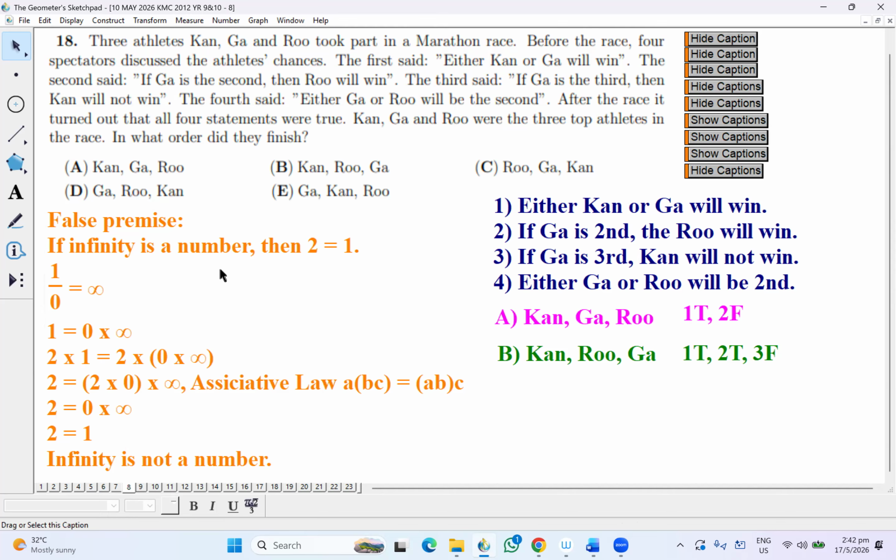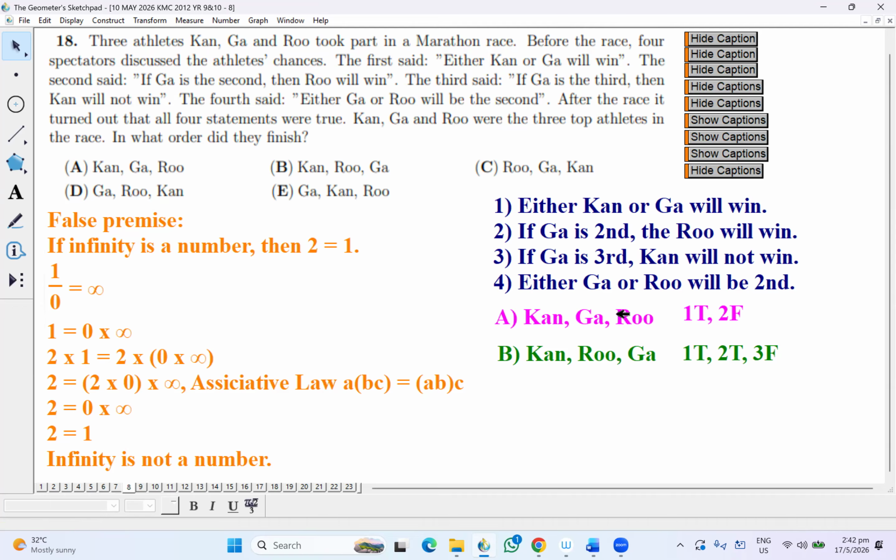Like infinity is a number, anything also true. So the second is true. If Ga is third, Kang will not win. But Ga is third, and Kang wins. So false. Ga is third, Kang will not win, false. Kang won. So this B is also incorrect.